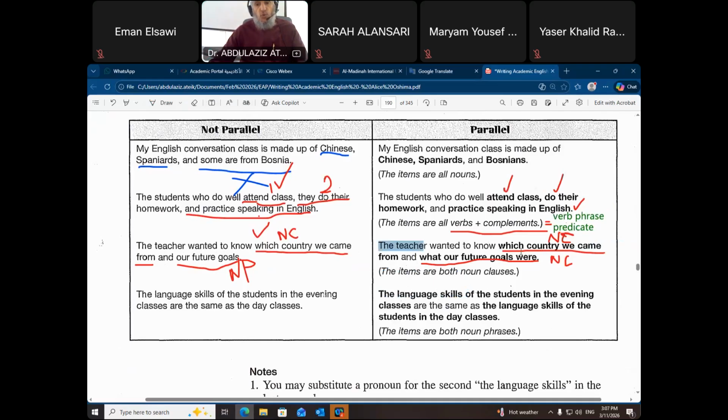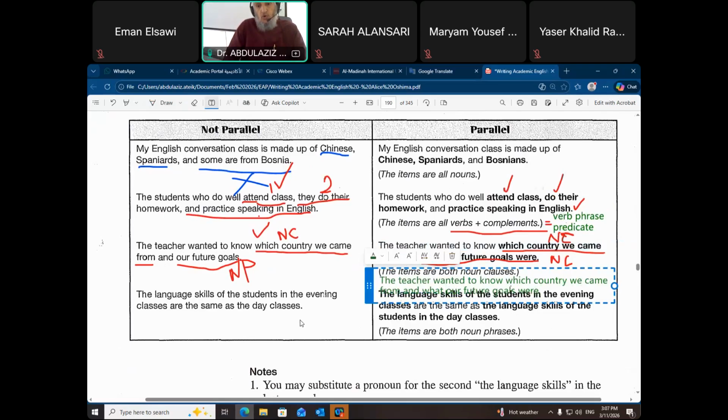Or another way of correction: the teacher wants to know which country we came from. He wants to know the country we came from.